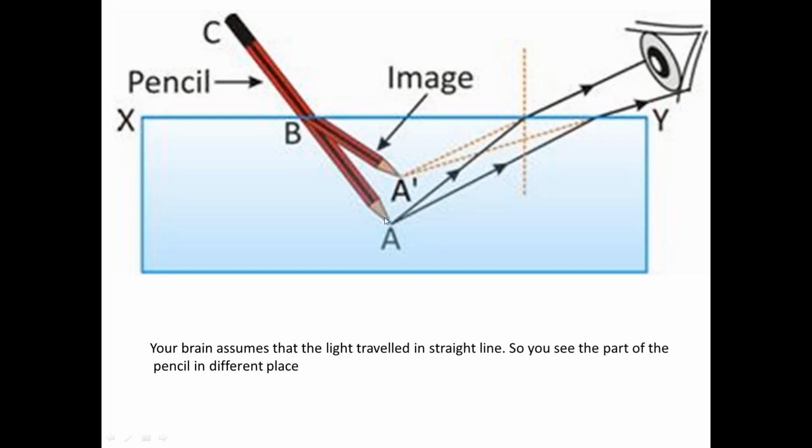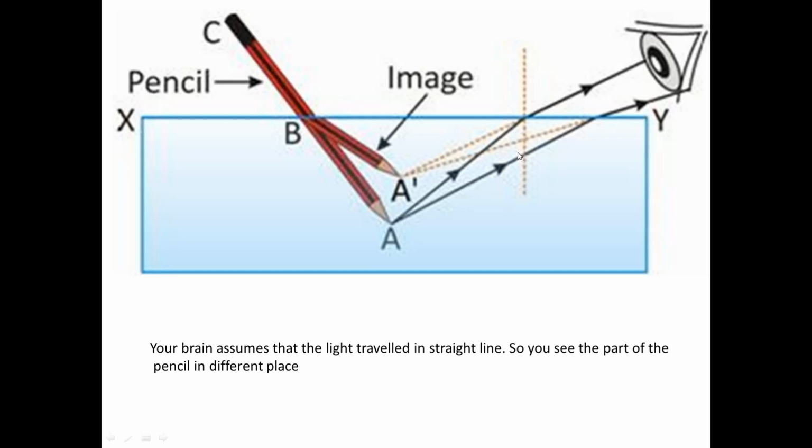First of all, the light reflected from the pencil in the water, from the medium water, goes from the pencil and hits the air, from one medium into another. When it hits the air, it will change the direction. So look, all of you look at this direction of the ray and that direction of the ray. They are different. Why?